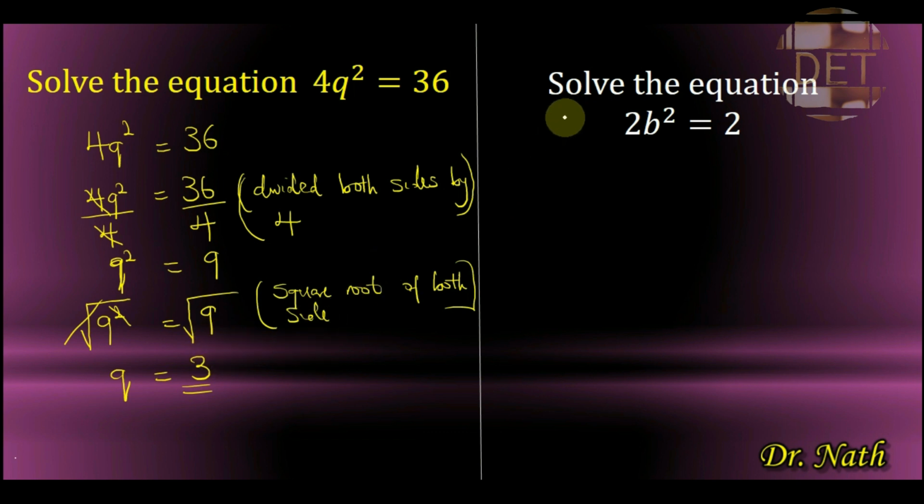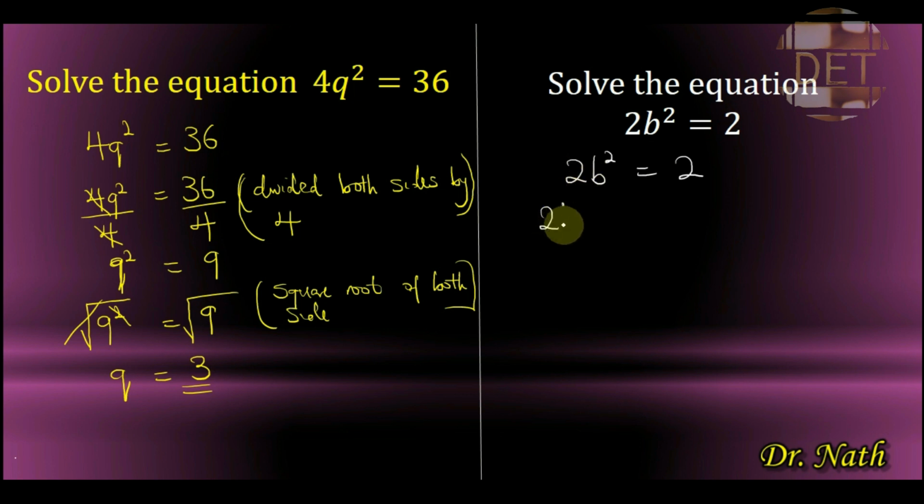The other question that I have here is to solve the equation 2b squared is equal to 2. So the equation is 2b squared is equal to 2. What I will do here is to make this b squared stand alone. And how will I make this b squared stand alone? It is to divide both sides of the equation by the coefficient of this b squared, which is 2.